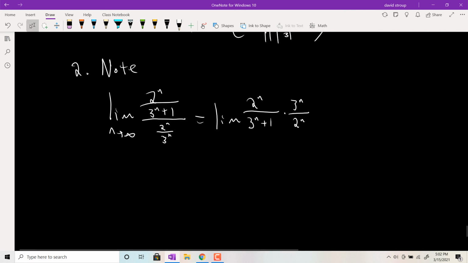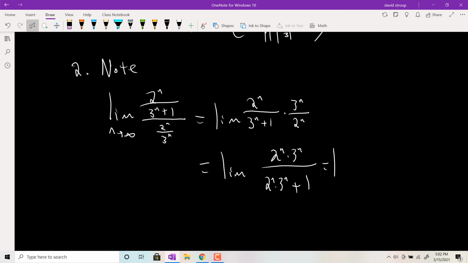Right? And then that will equal the limit of 2 to the n times 3 to the n all over 2 to the n times 3 to the n plus 1.